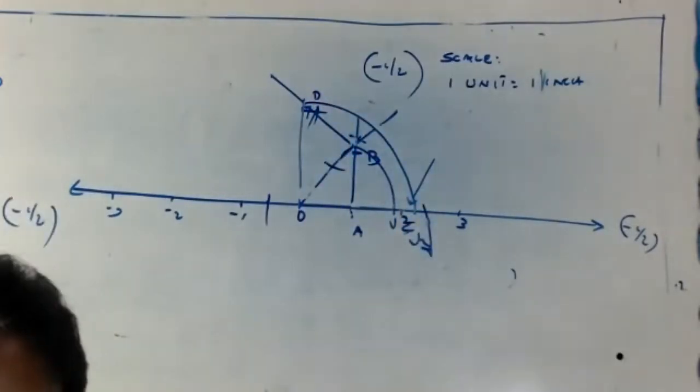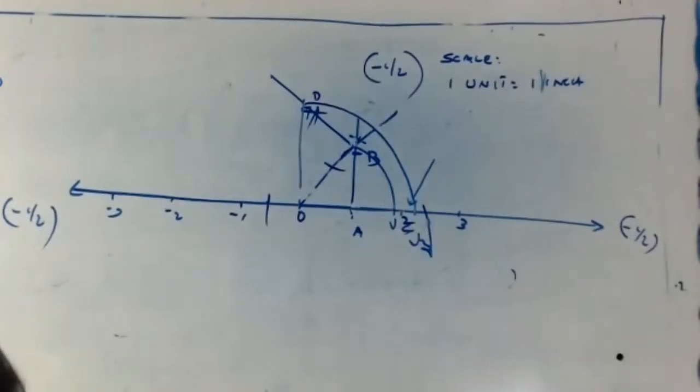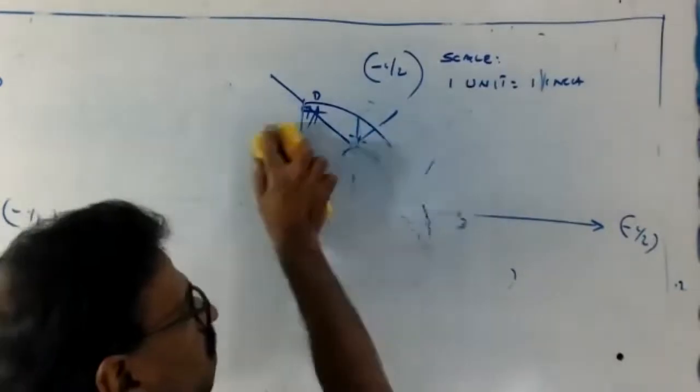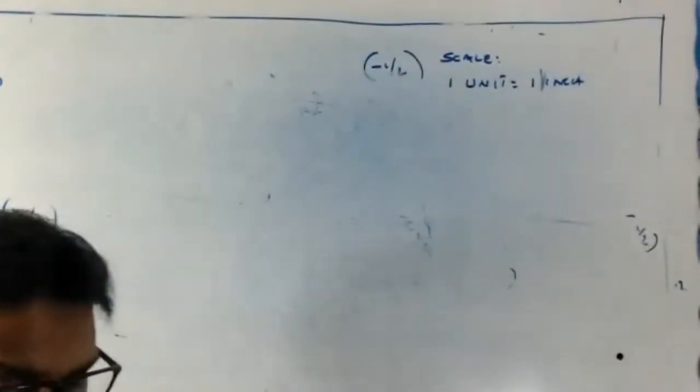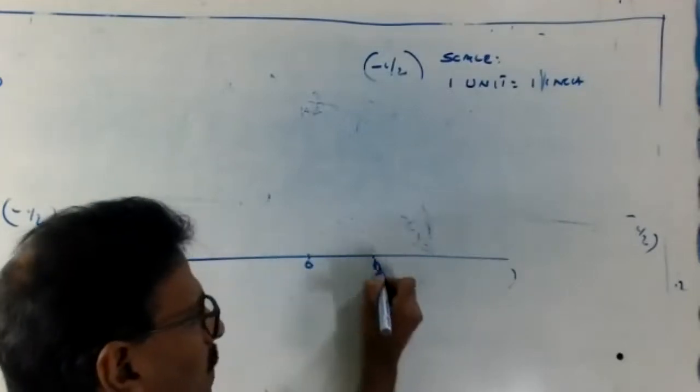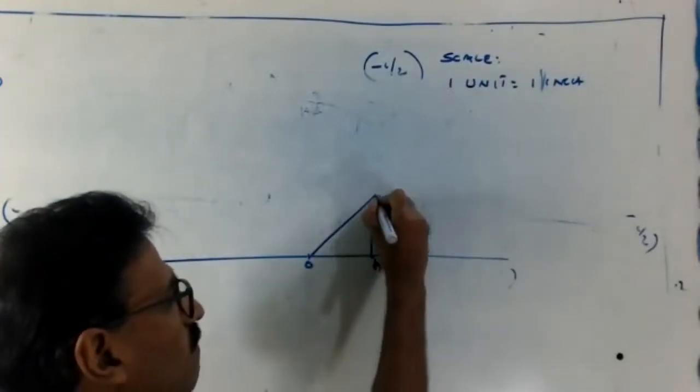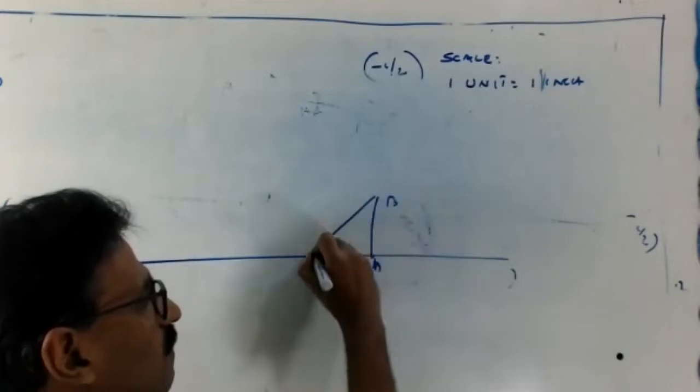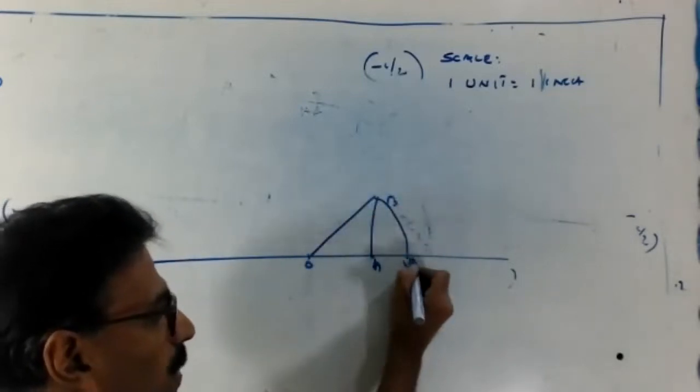Are you okay? Once again, first you draw root 2. Then from here, I'll show that part. Look. You did this one, root 2.